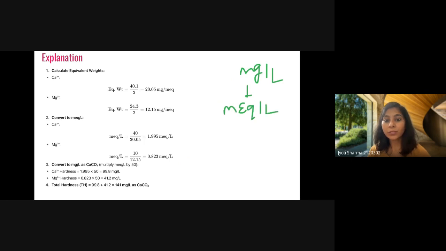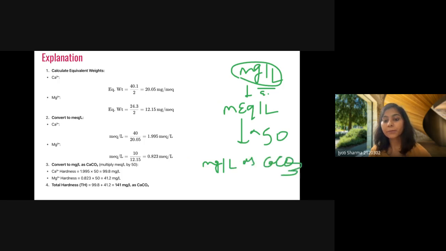How can we do this? We have to divide this value by the equivalent weight, and then multiply it with 50, so that we have the value in mg per liter as CaCO3.